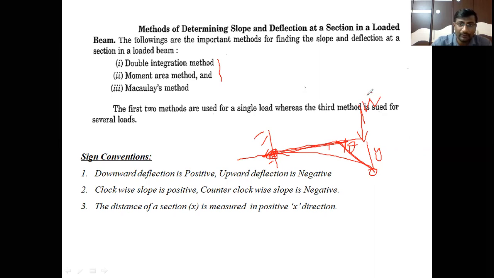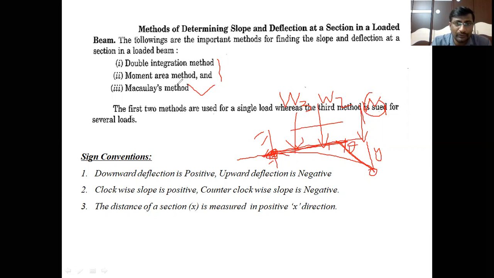So when one load acts, we can use these two methods. But when multiple loads act on the beam, like W1, W2, W3, we cannot use these two methods. We cannot solve it that easily by using these two methods. So for multiple loads, Macaulay's method is the best method.